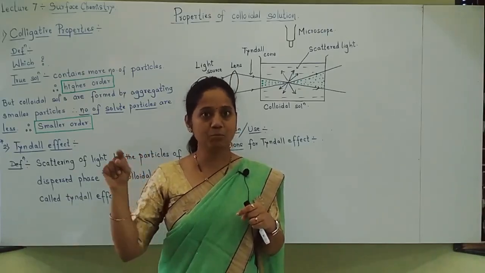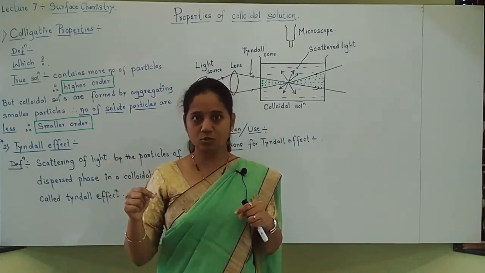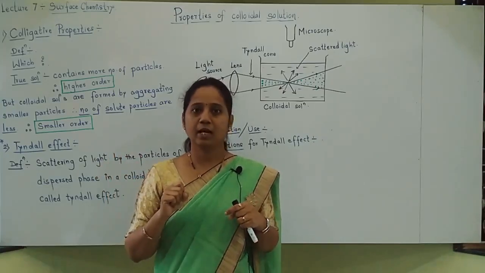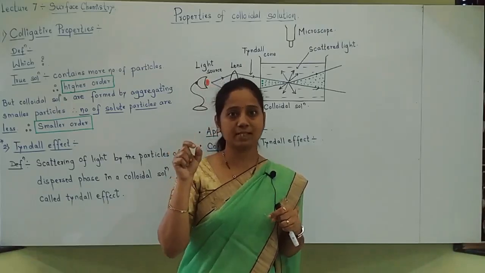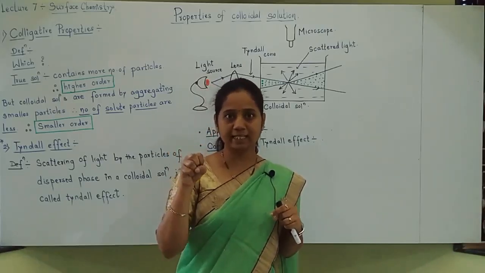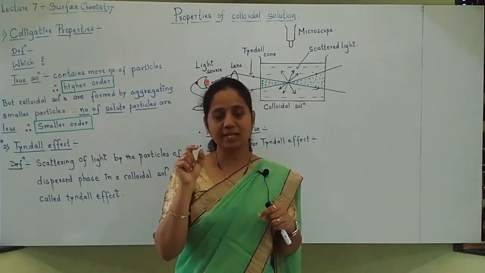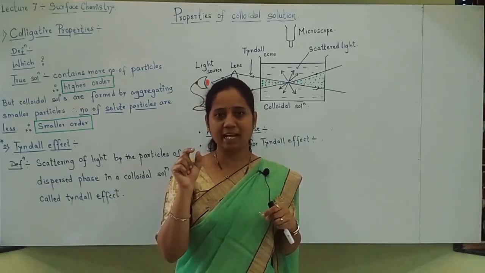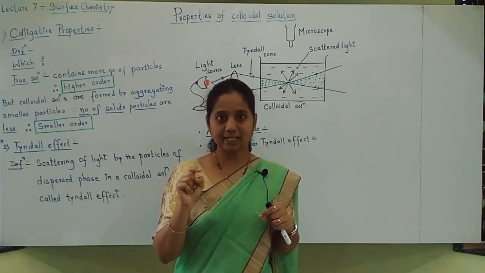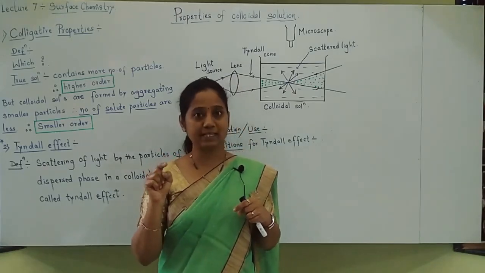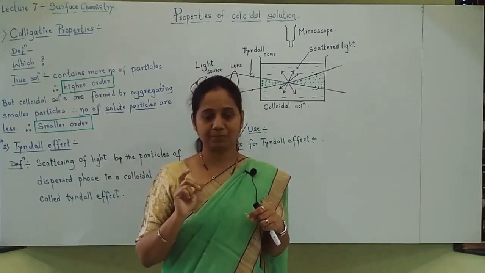Coming to colloidal solutions, smaller size particles will aggregate and then bigger size particles will form. That's why colloidal particles will be larger but lesser in number, so colligative properties are of smaller order as compared to true solution.